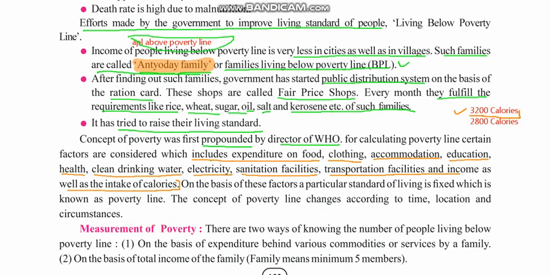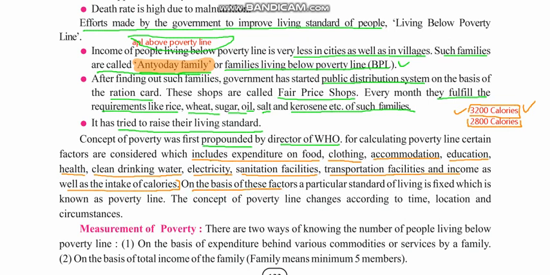A rural person takes about 30 to 100 calories, while an urban person requires about 2800 calories. Why does a person living in a city need fewer calories than a person living in villages? Because the physical work done by a person living in villages is more compared to a person living in a city, and that's why the calorie intake is more.